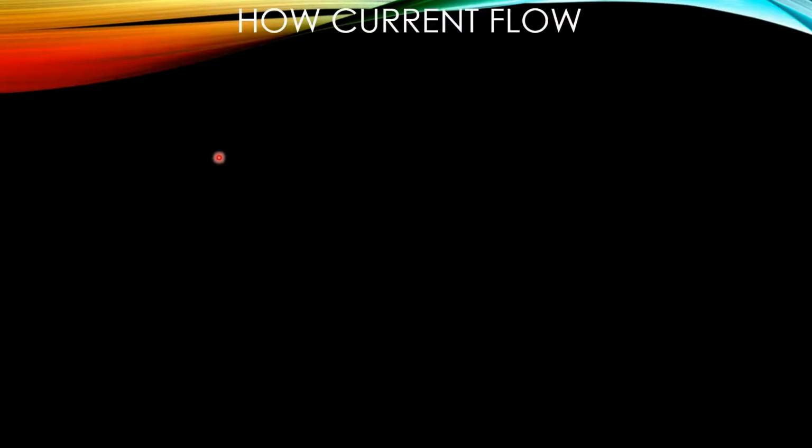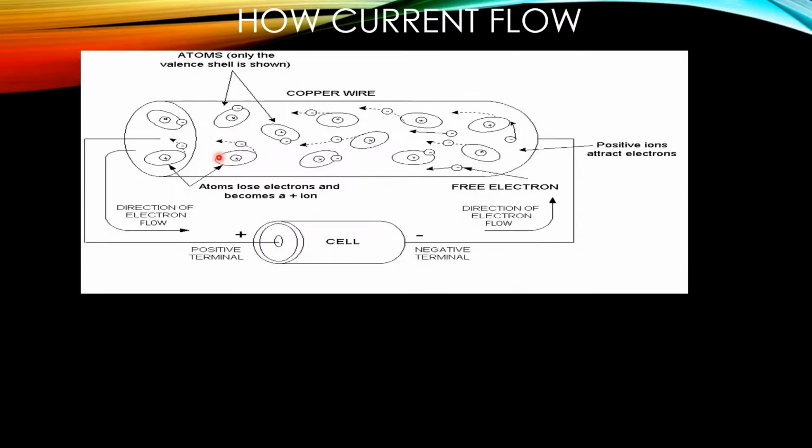How does current flow? We know that a conductor contains a large number of free electrons which move randomly, means in any direction, between the atoms.